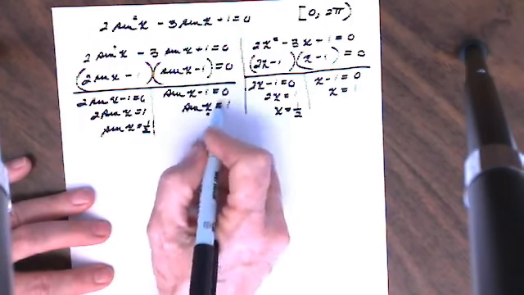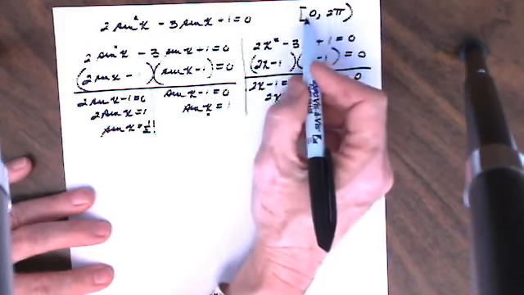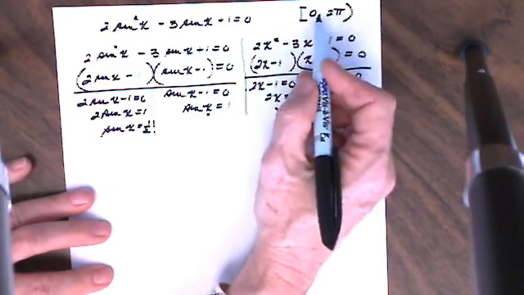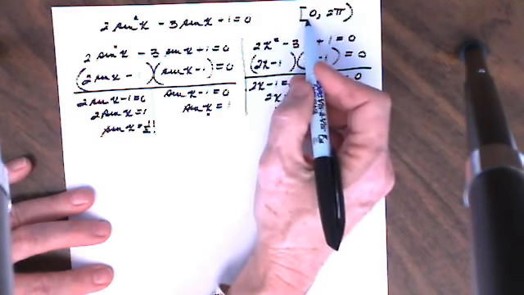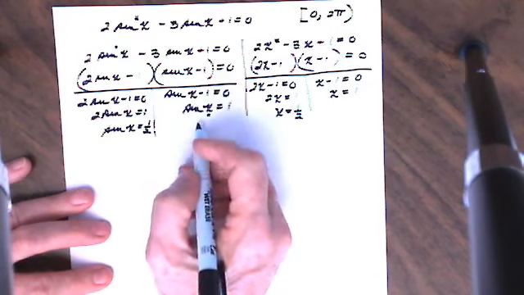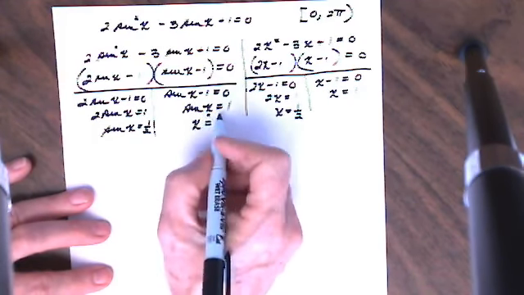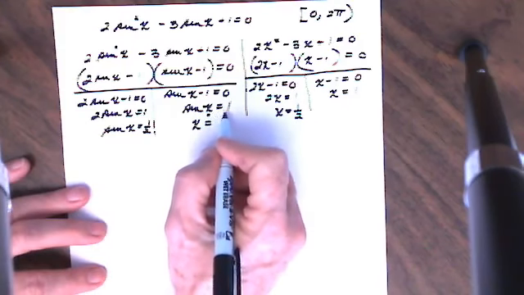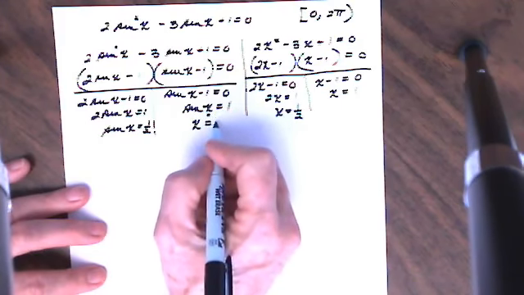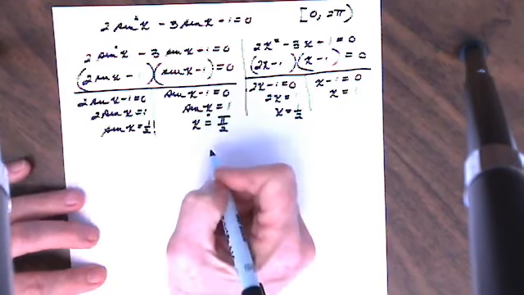I'm thinking about those angles between 0 and 2 pi, since that is what I was asked in my original question. Knowing from my charts, the only angle that produces the ratio 1 between 0 and 2 pi is pi over 2.